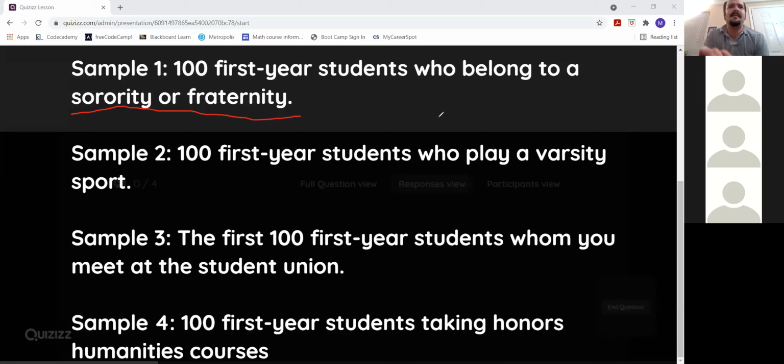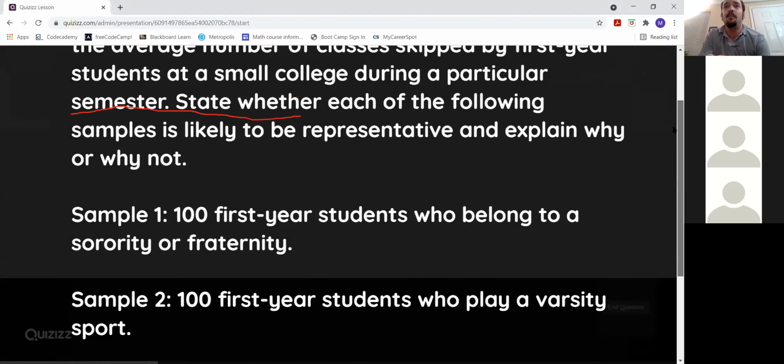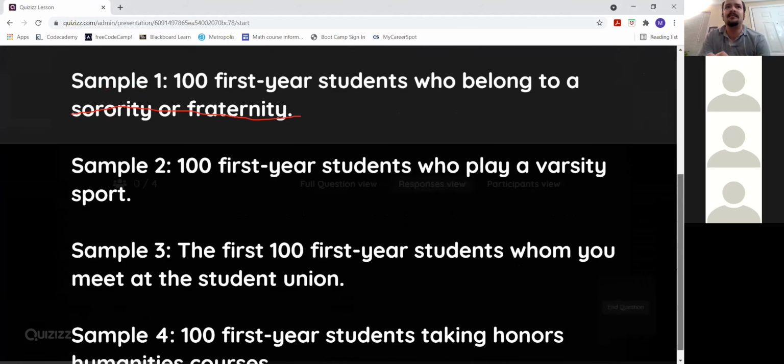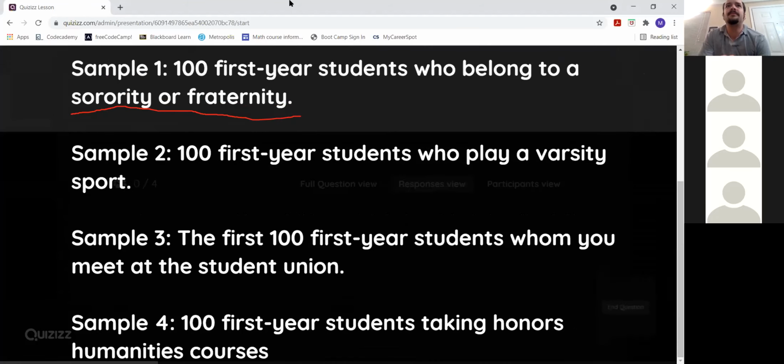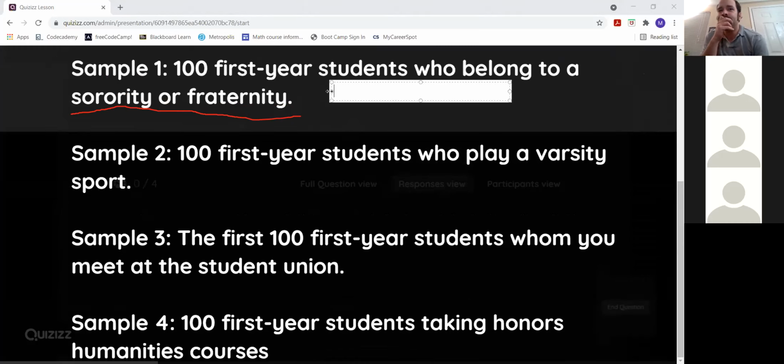Yeah, but I think what they want to know here is how being in a sorority or fraternity would potentially impact whether or not they skip class. Would that bias your sample if you're asking them if they skip class?